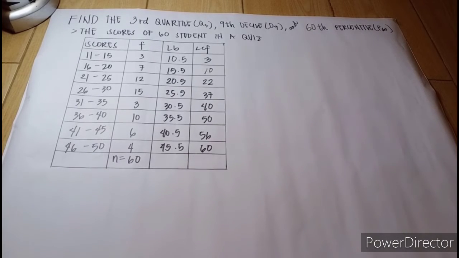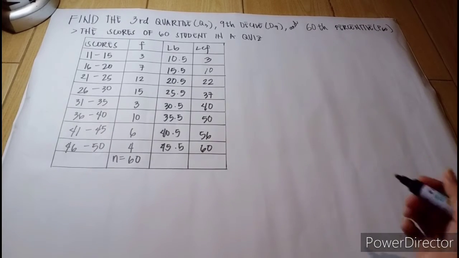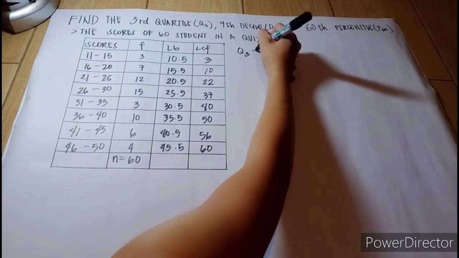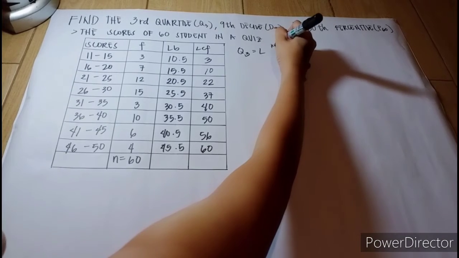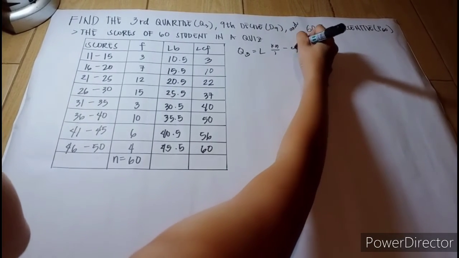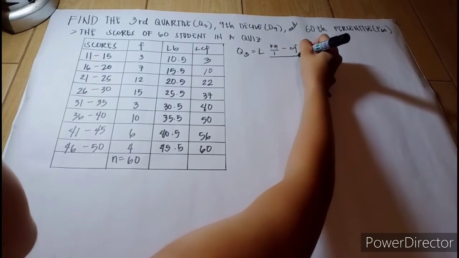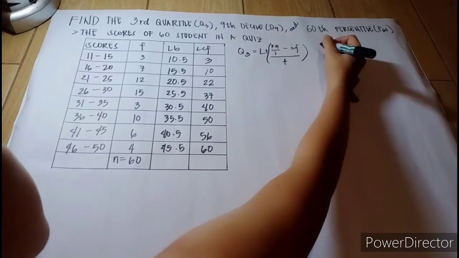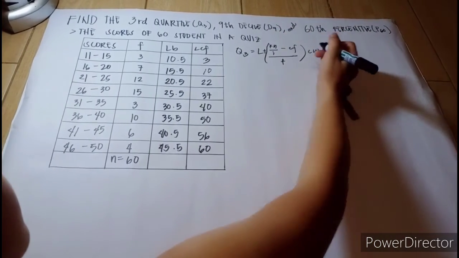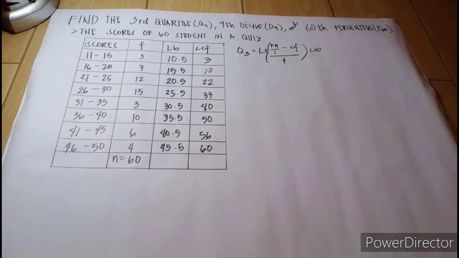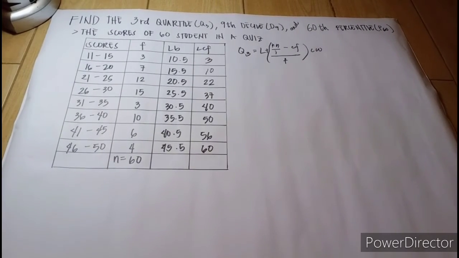percentile for grouped data. So, using this formula, first we need to find the kN over 4.